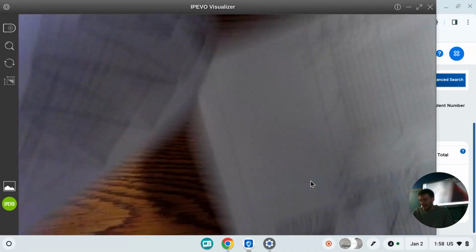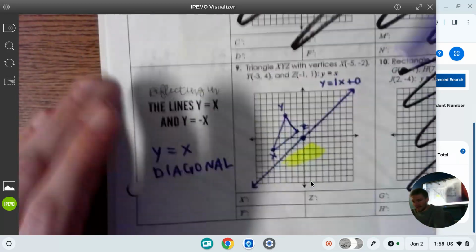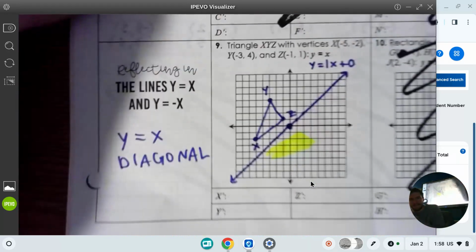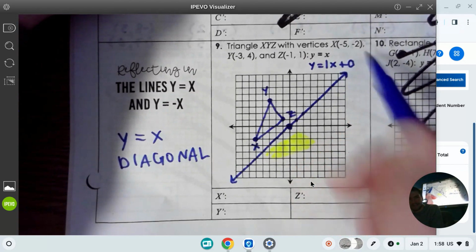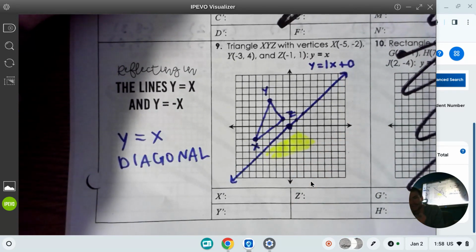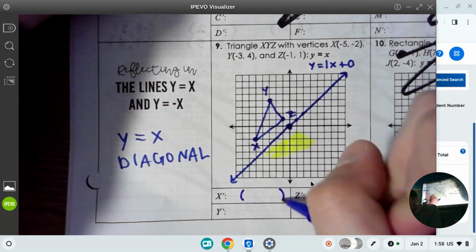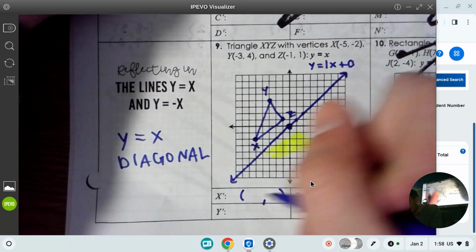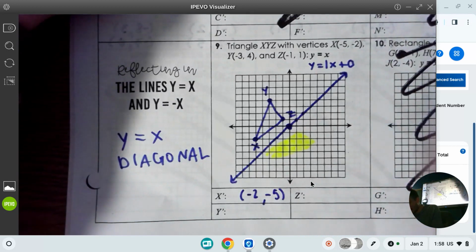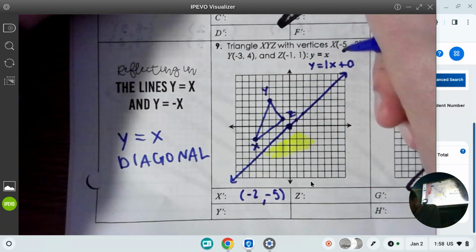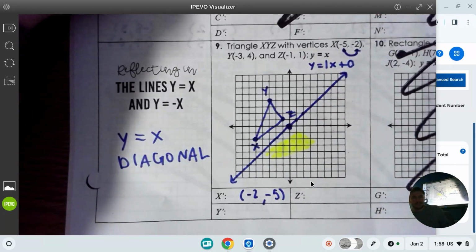So let's see it. Very, very easy to do. Here's my x, -5, -2. They're going to switch. So instead of being -5, -2, it's going to be -2, -5. I'm literally just going to take these two and switch the order.